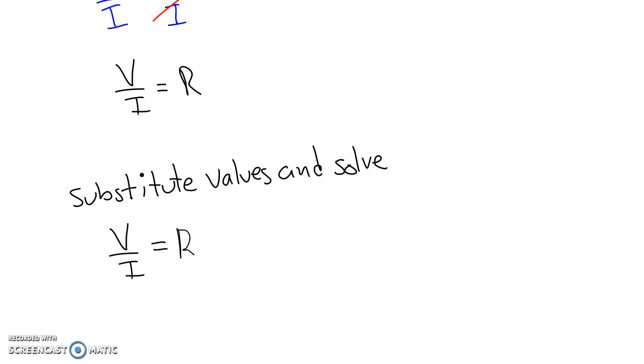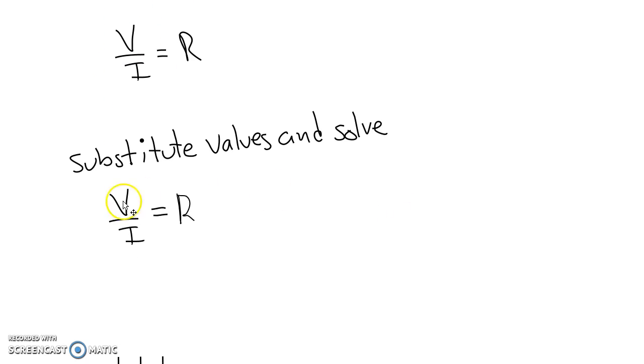So I'm ready to take this equation and substitute some numbers in. Let me get rid of the V, and in its place we're going to put the value that we know from our problem, and likewise we're going to take this current out and replace it with the current that we have. Again, this is already converted. When I do my math in the calculator, let me bring my calculator up here real quick.